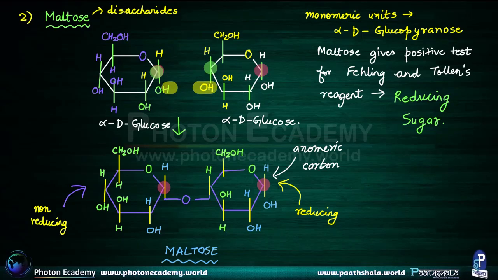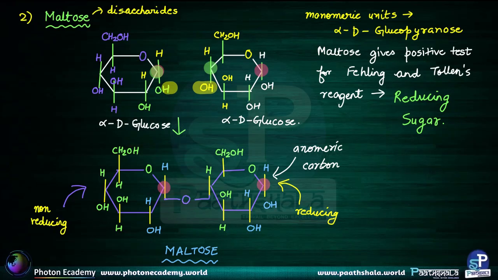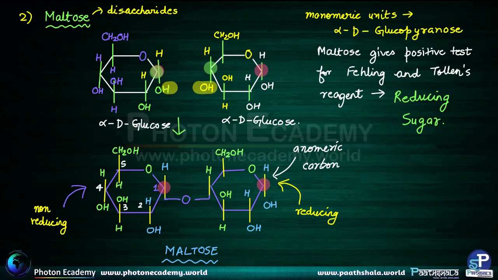Also, we know that this particular linkage over here is known as the glycosidic linkage. And now in this maltose, if we see the glycosidic linkage, this is the first carbon, the second, the third, respectively the fourth and the fifth. Now, if we look at the second unit of alpha D glucose that we used, the first actually lies here, the anomeric carbon, of course, second, third, fourth, and the fifth.